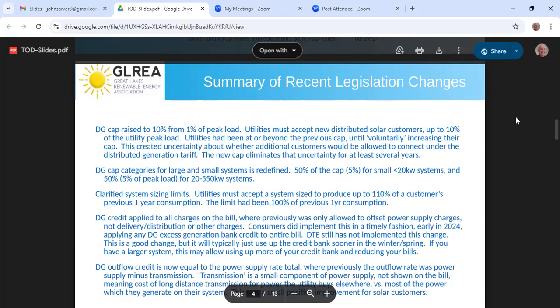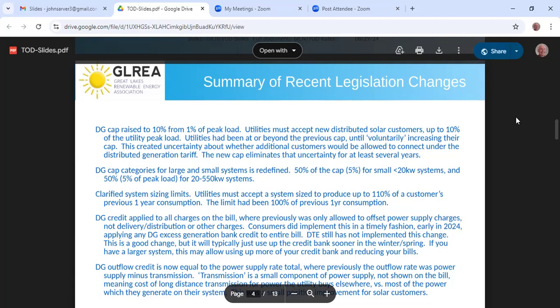So the things that changed here matter quite a bit for solar customers and for solar installers and for renewable energy in general. This is not an exhaustive list of what the legislation did. There were some other changes about renewable energy. This is just having to do with distributed generation for solar customers.